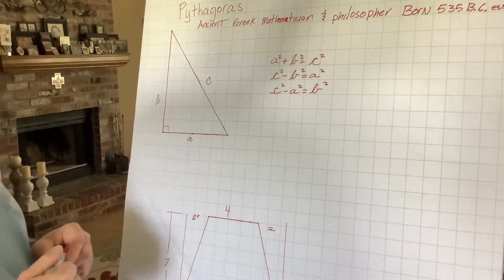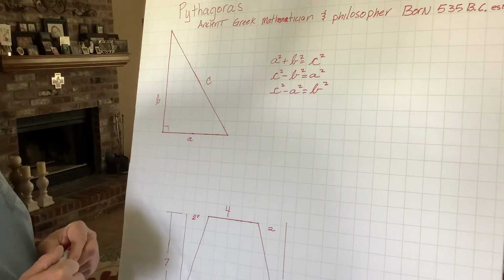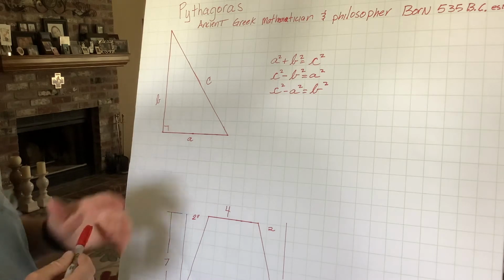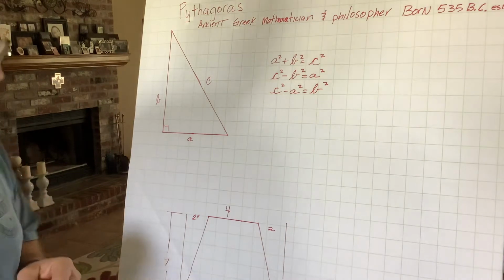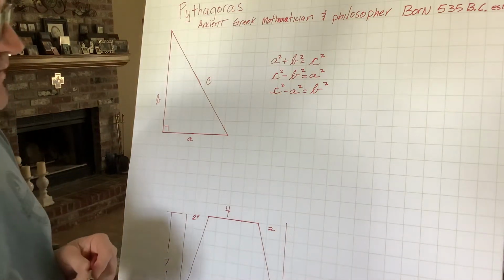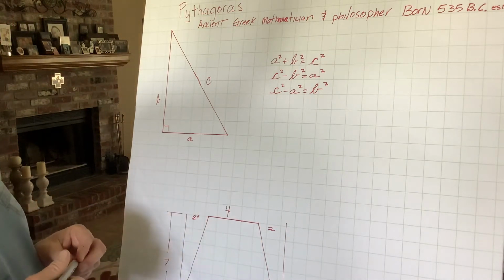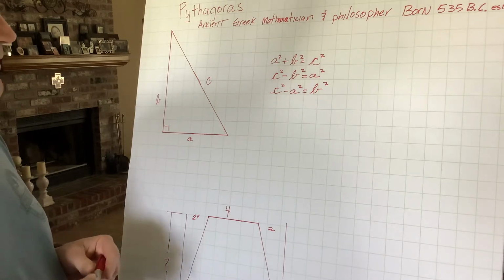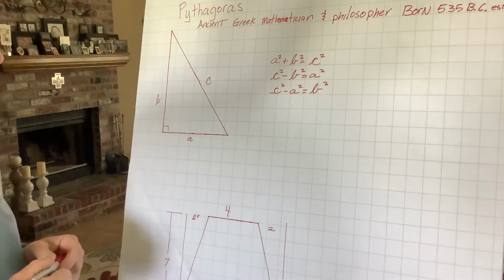So what I'm going to do is give you some problems on how to figure these out, and we'll do a couple of practice problems using the calculator on your telephone. I know everybody should have a cell phone with a calculator app, which will be really handy for these.